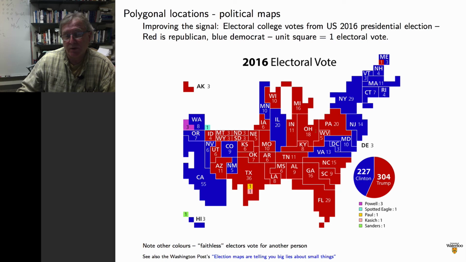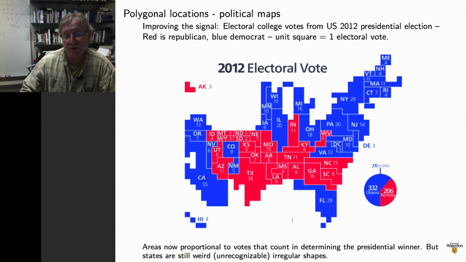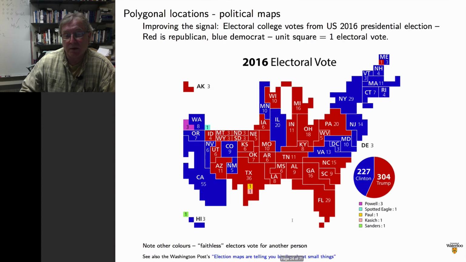All of these northern states and the southern state went to Trump, which were not part of the previous Republican seats. The other thing you notice is that some of the electors went rogue.